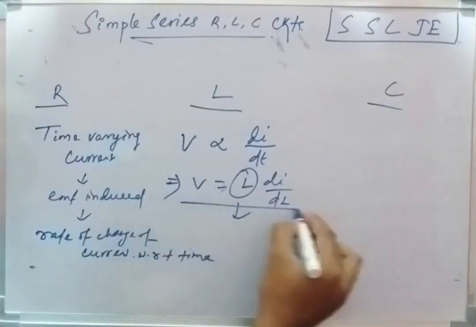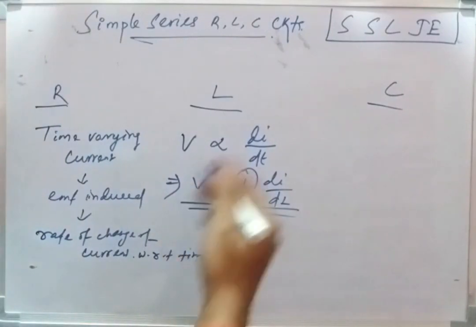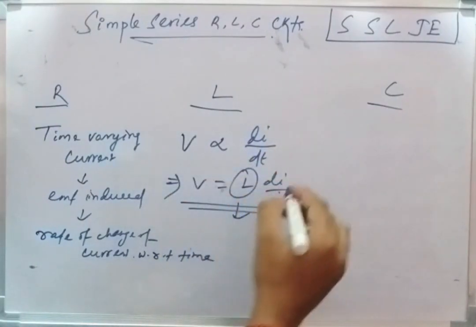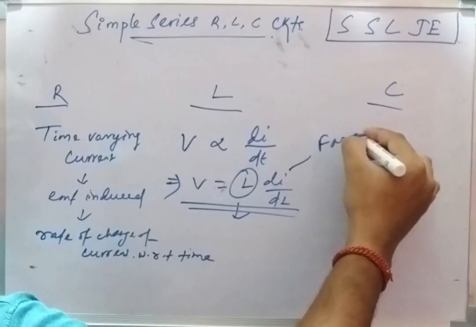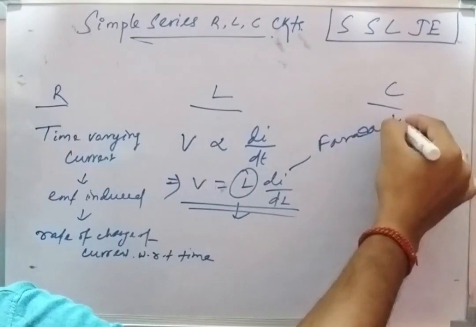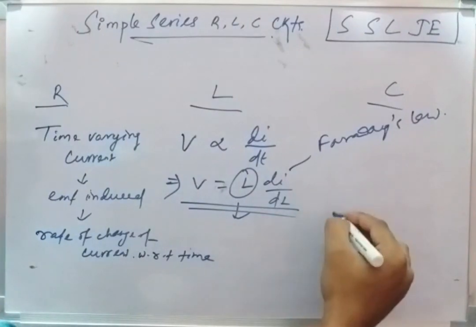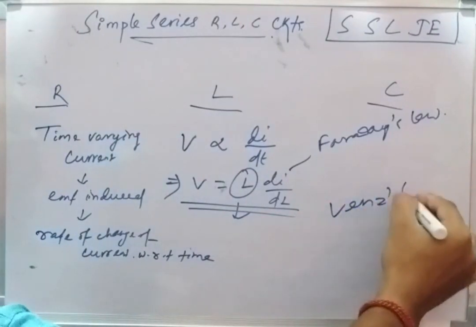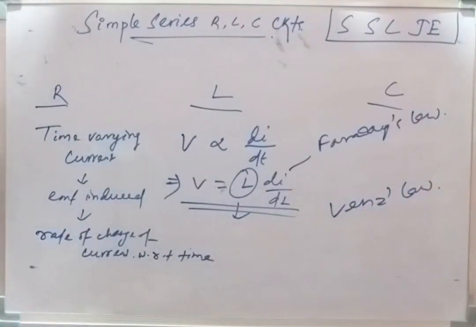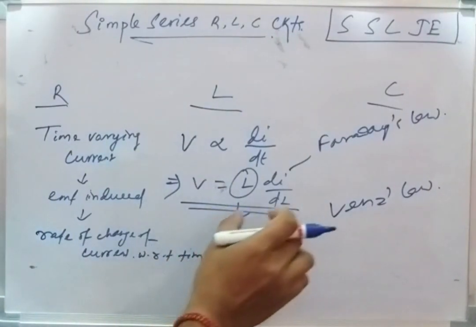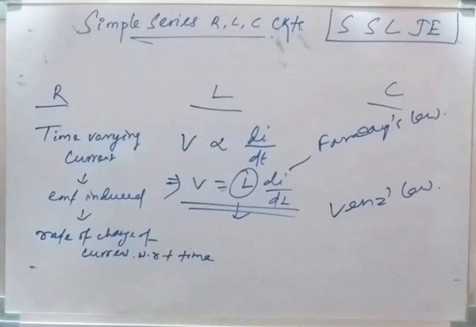But this is not the full form. This is according to Faraday's law. But there is one more law, that is Lenz's law, which says this induced EMF will oppose the very cause of producing it.